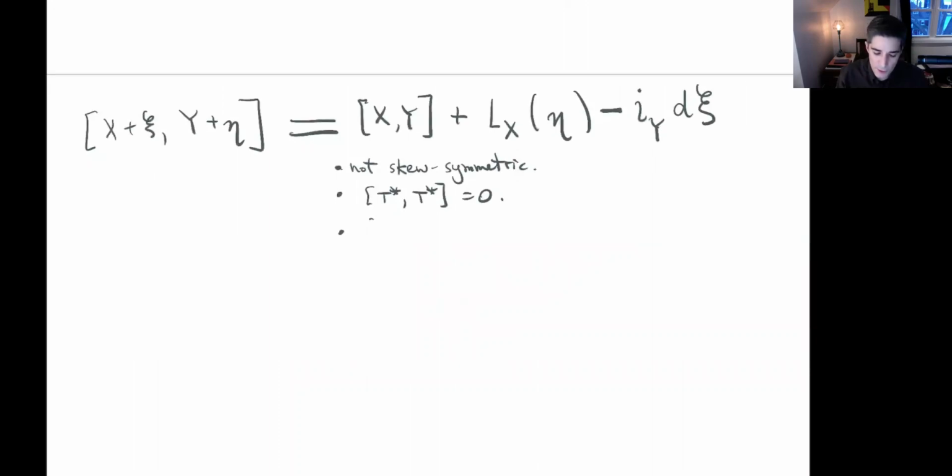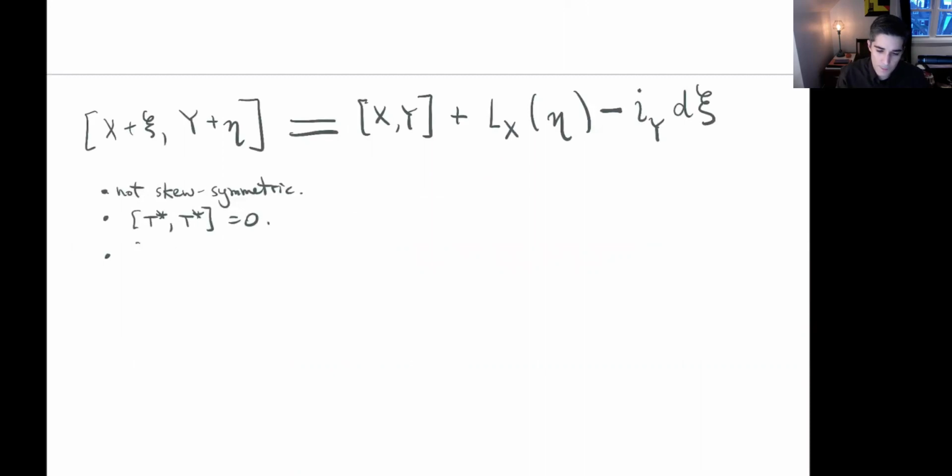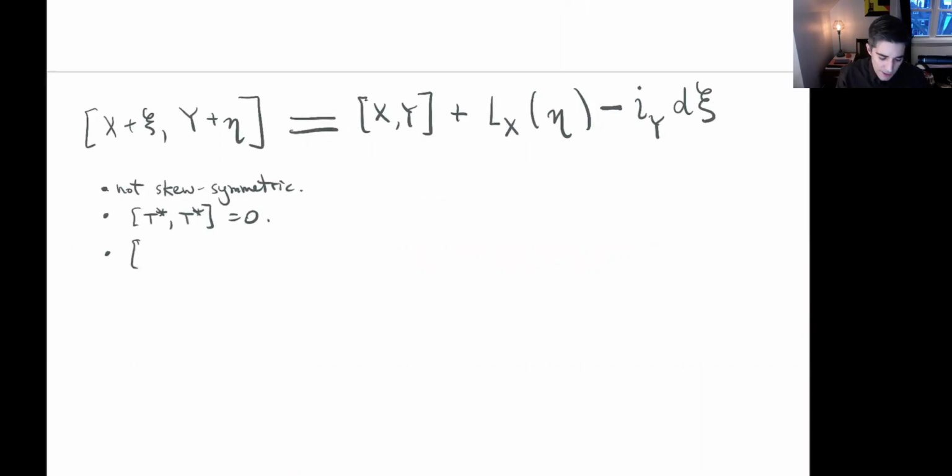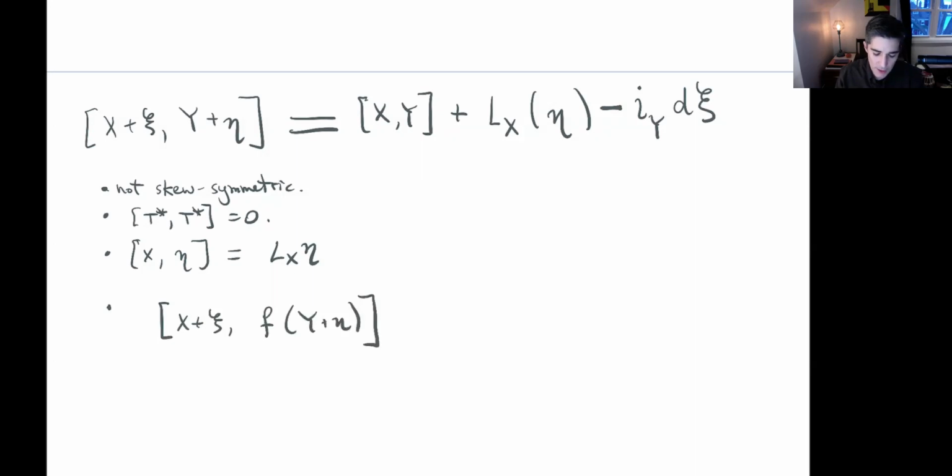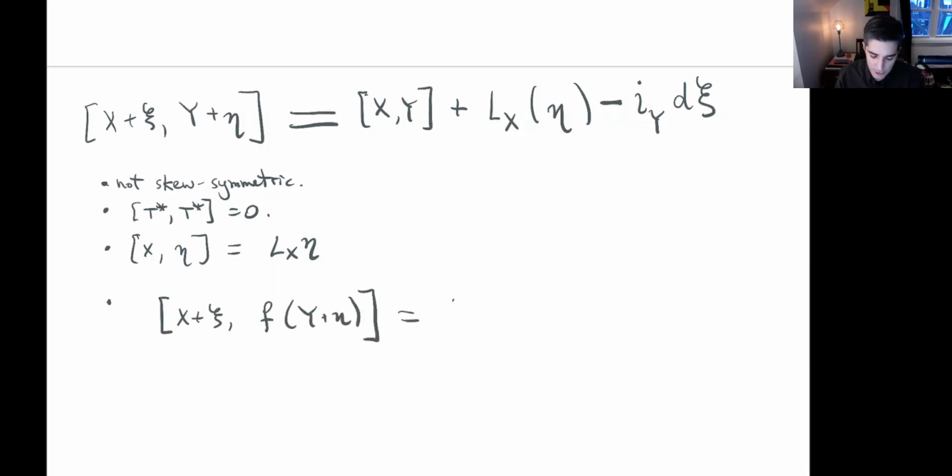So it's not skew symmetric. If you take a bracket of X with η, so a vector with a one-form, it gives you just the Lie derivative. If we check what happens if we take X plus ξ and multiply Y plus η by a function f, then it behaves nicely.